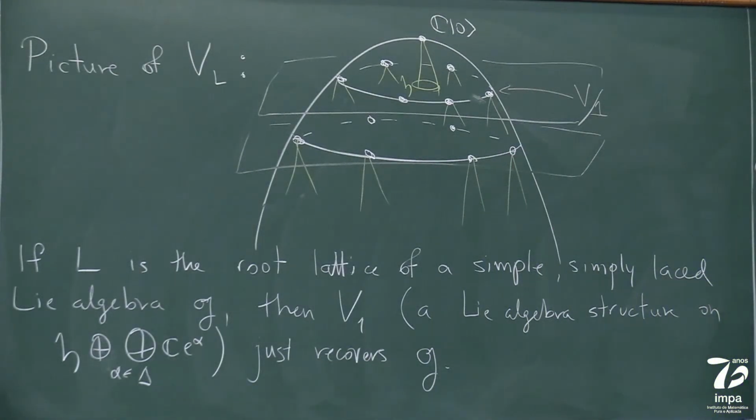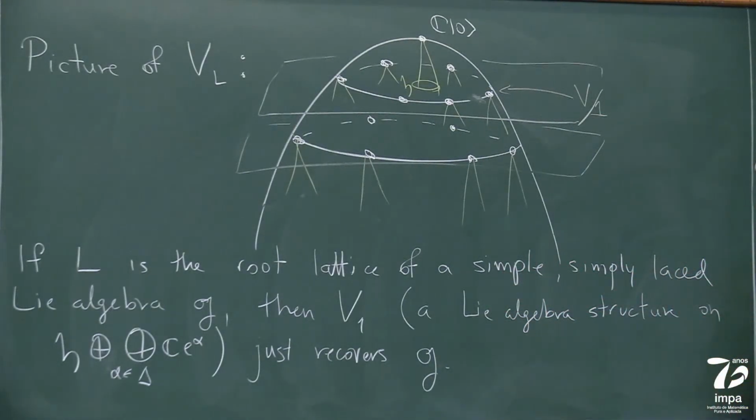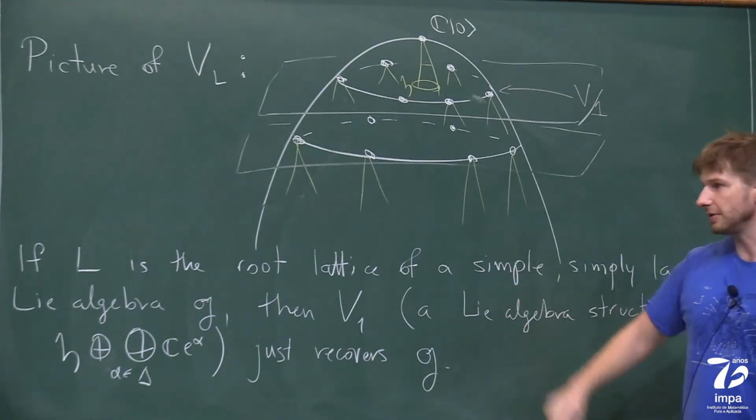Okay, so this only works if the lattice is, if the Lie algebra is simply laced, right? Because we need its root lattice to be integral. But yeah, at least in this case, it recovers the simple Lie algebra by this construction.